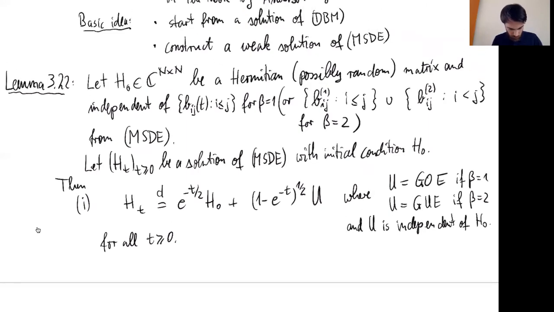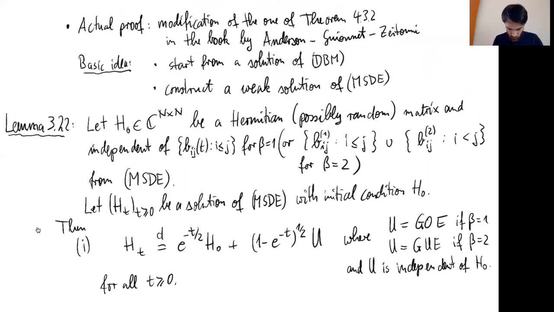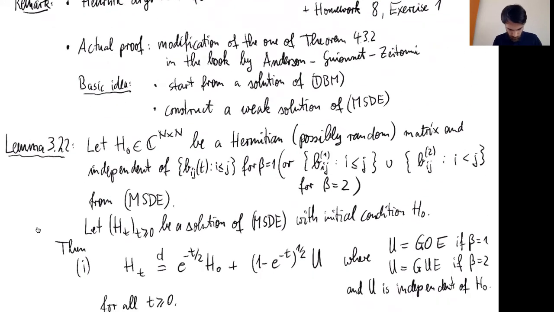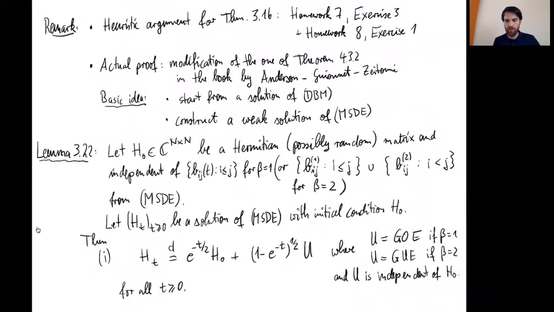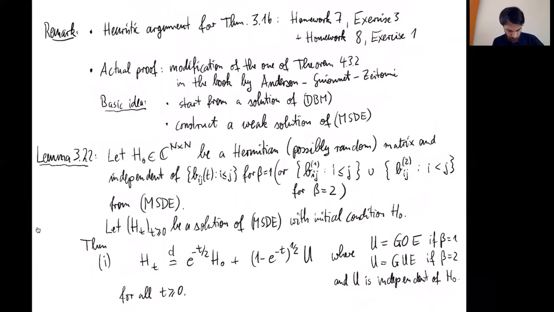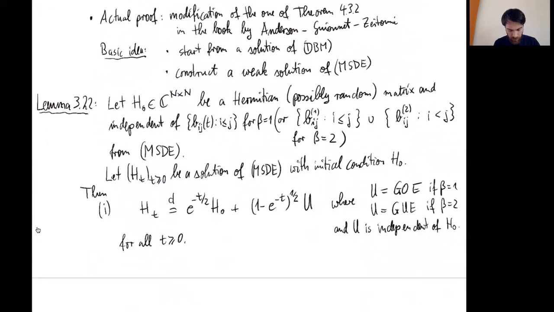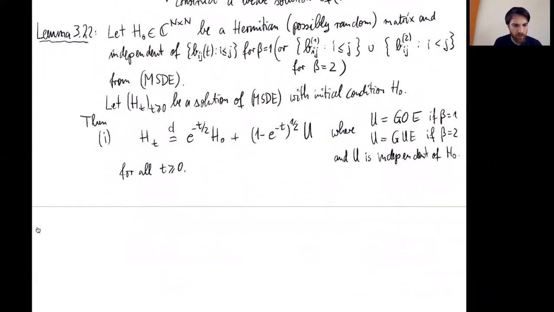Maybe you want to take a picture here. The second part says that if I start from a Wigner matrix and evolve it along this flow, then I keep a Wigner matrix. So H_t stays a Wigner matrix for all times.